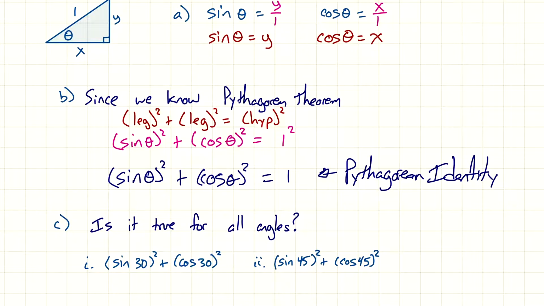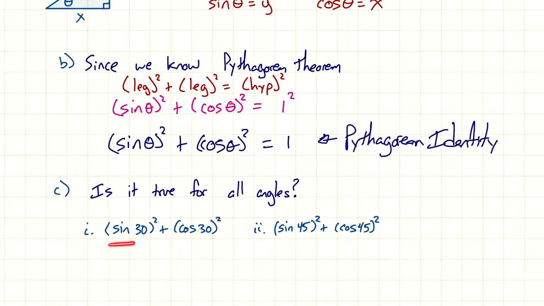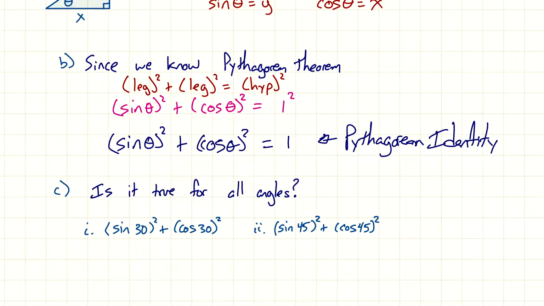Let's try out a couple of angles. You'll notice below I have sine of 30 squared plus cosine of 30 squared. All I'm doing is taking this, and instead of theta, I'm going to plug in some actual angles, so that it makes more sense. We just calculated these on the previous page of notes.